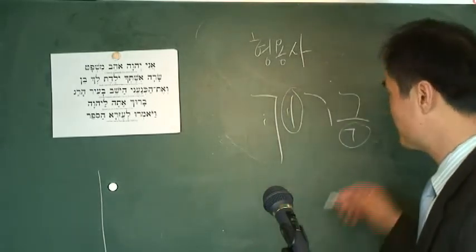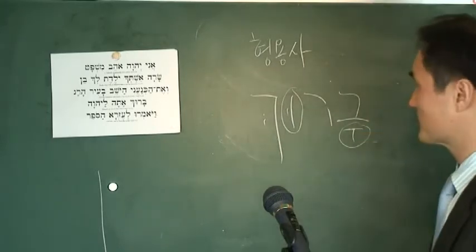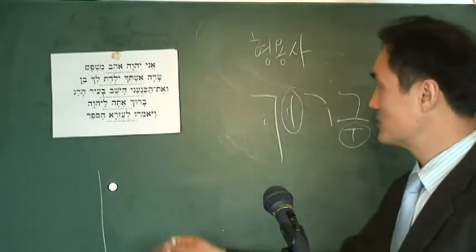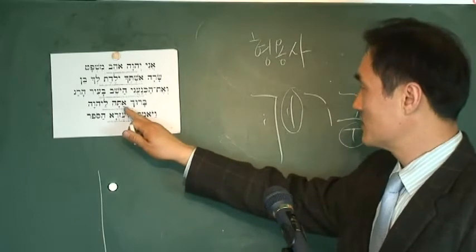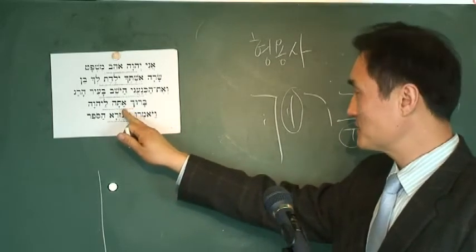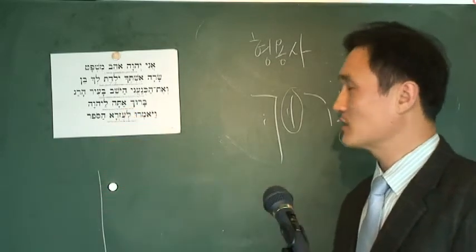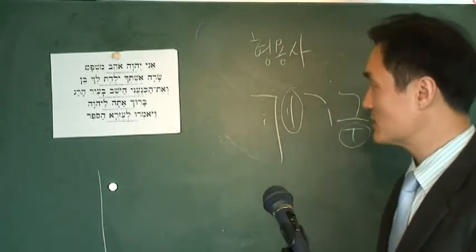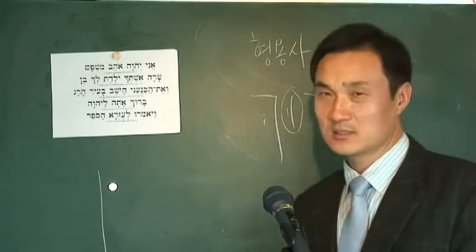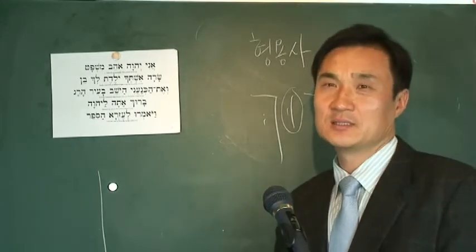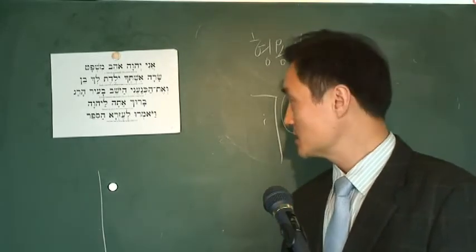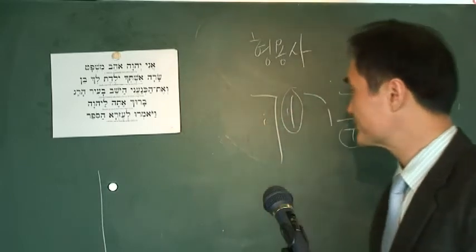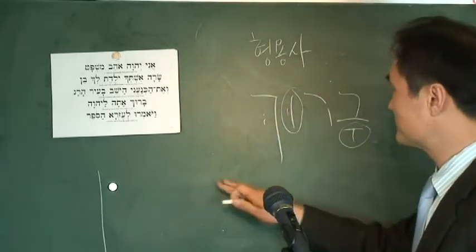We know that it is a kal passive participle by the a and u. We have not yet learned the word atah, but it is the personal pronoun you in the second person masculine singular form.